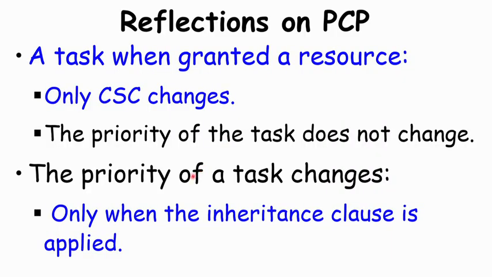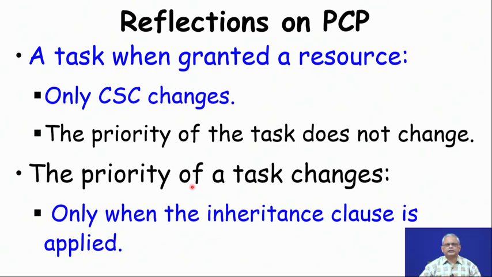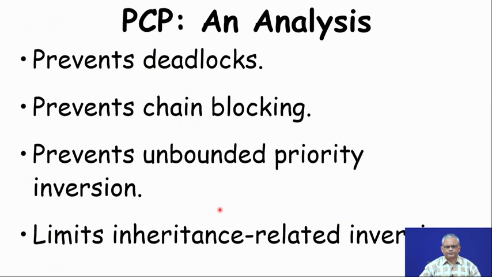The inheritance related inversion in that sense does not occur here, because as soon as a task acquires a resource, its priority value does not change. The other tasks continue to execute as usual, no inheritance related blocking occurs. The priority of a task changes only when another task requests the resource that it is holding. The inheritance clause becomes applicable and the task priority increases.